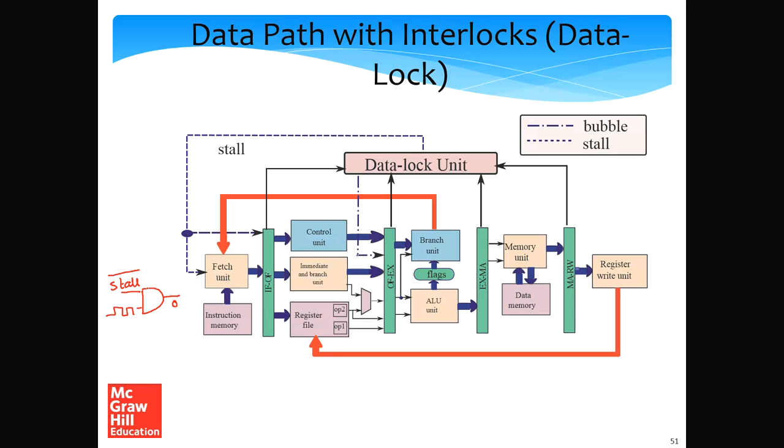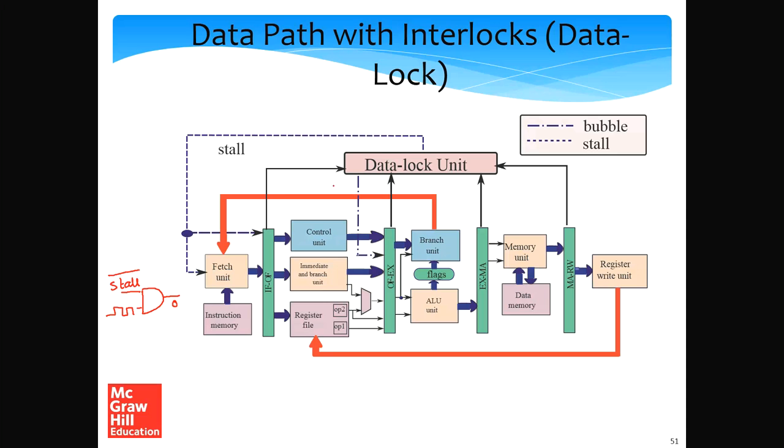Simultaneously, we have an additional set of lines that go from the data lock unit to the OFEX register. So they introduce a bubble. When we want to introduce a bubble, the value in the OFEX register is overwritten with an instruction packet that corresponds to a bubble, or a no-op instruction. This line ensures that, and subsequently the bubble propagates through the pipeline.